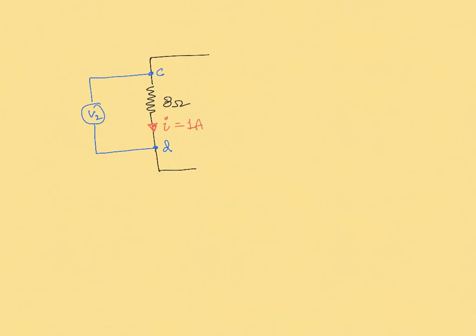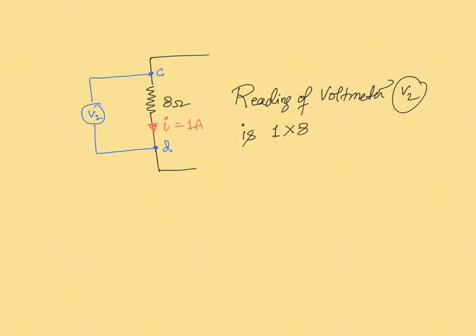Now by similar calculation, we can write that the reading of voltmeter V2 is equal to current I1 multiplied by 8, that is 8 volts.